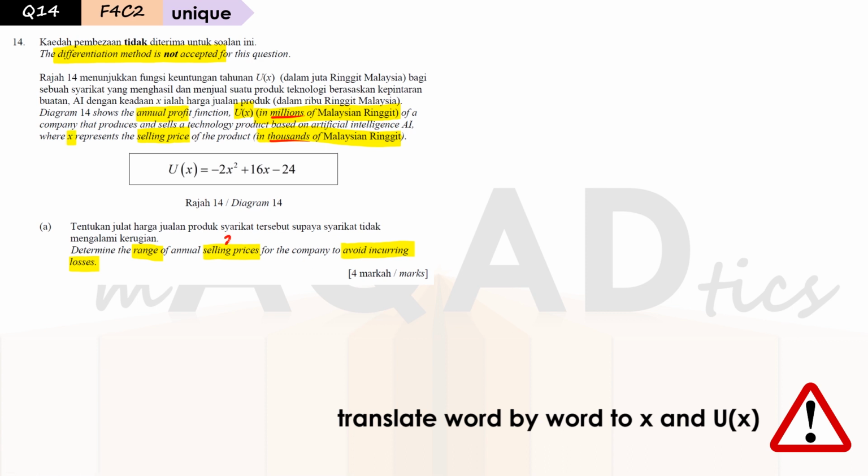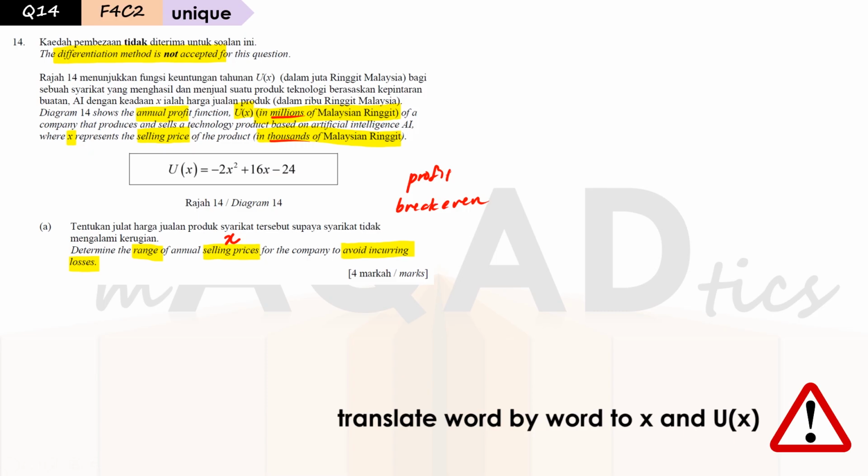So I'm going to put x here. And avoid incurring losses means that there would be profit or it can break even, right? Profit meaning the revenue is more than the cost. Break even is actually revenue equals the cost, so it means there's no losses.